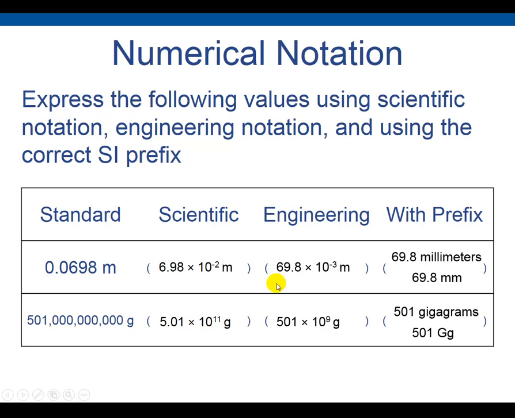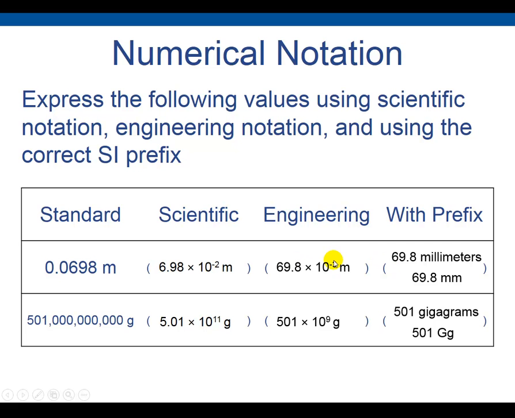Then it's 0.0698, so it's less than 1. Based on the definition of engineering notation, this value should be higher than or equal to 1. So we should keep the superscript as negative 3.